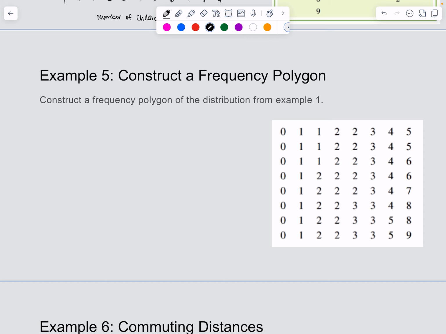So remember, this works the same way, but instead of using bars, we're going to use lines. So this one, we have the number of children, going from 0 to 9.